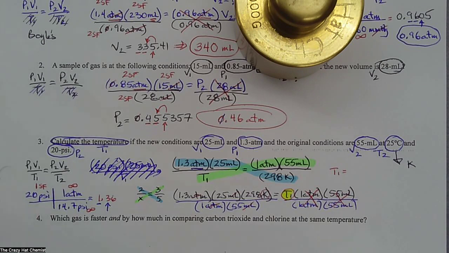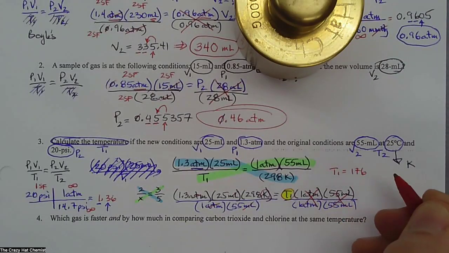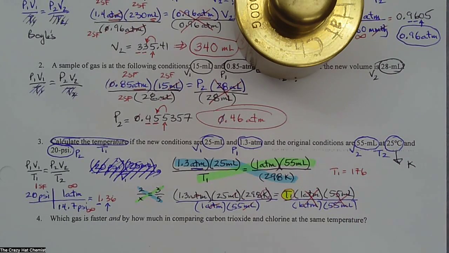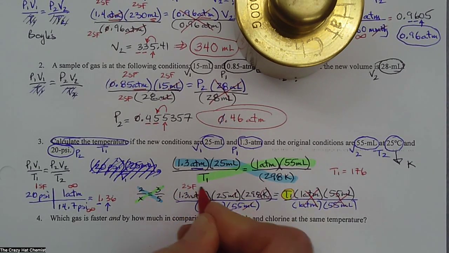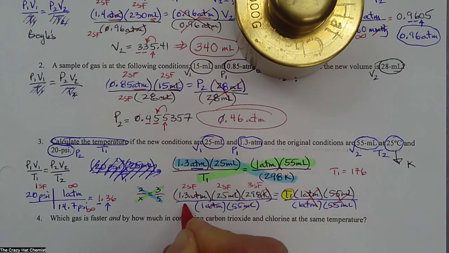So let's see if we can do that. 1.3 times 25 times 298 divided by 1 divided by 55. And the number that I get is 176. Now I need to round this to the correct number of significant figures. Let's find out what that is. This is 2 significant figures, 2 significant figures, 3 significant figures, 1 significant figure, 2 significant figures.